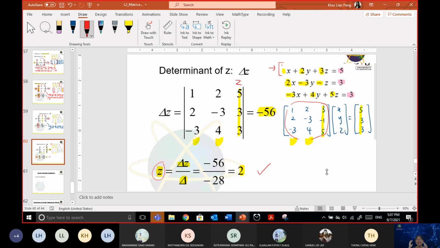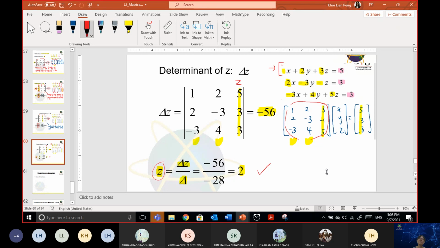Because when it comes to the assessment, normally I will say the questions require you to use Cramer's rule. Then for all the x, y, z, you must show how you get the answer using Cramer's rule. It's not a mixture of other methods.